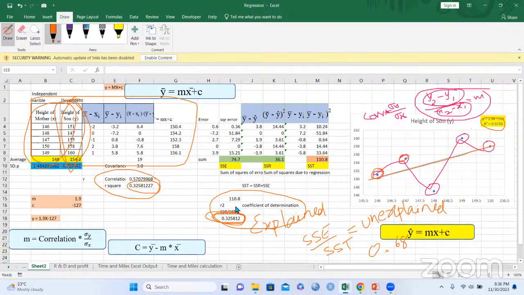Because 32% of the variation is explained by mother's height, and 68% we could not explain with mother's height. Maybe father's height or some other variable has influenced this. So that is regression. Is that clear? Coefficient of determination.